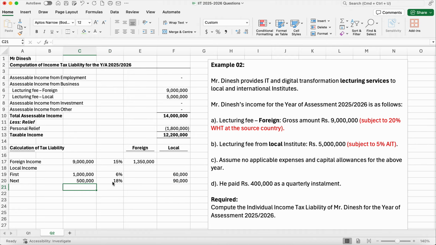Then the next 500,000, because we have altogether 12 million, once we minus 9 million, that is how much we need to tax accordingly. Then if we minus 9 million, I need to take up to 3.2 million under these slabs, right? So this one goes 24%, right?